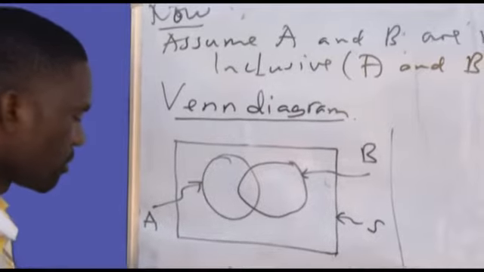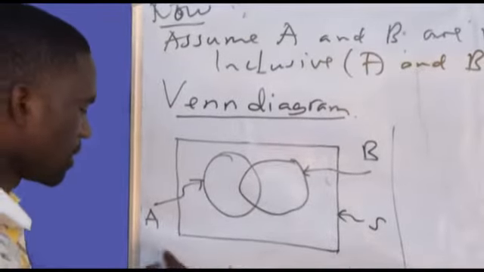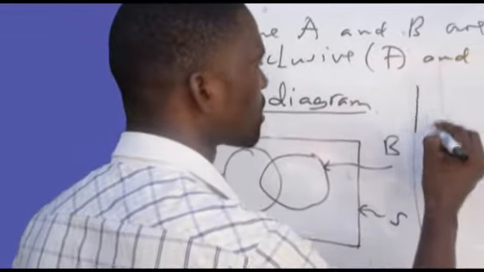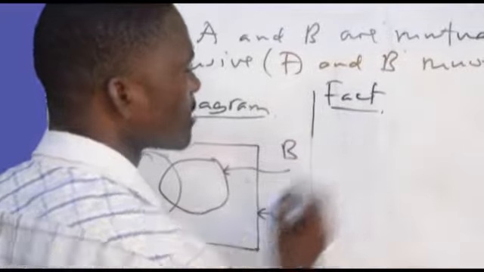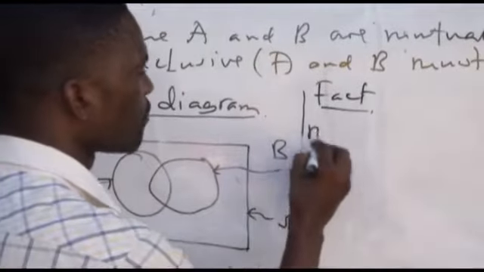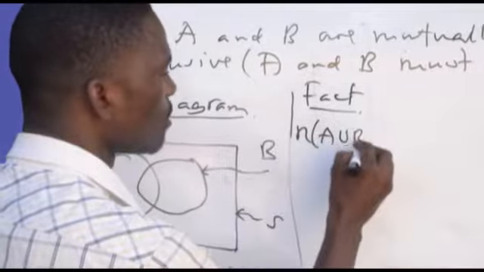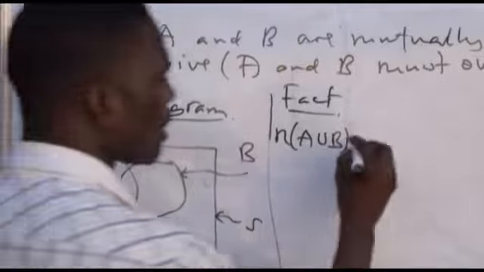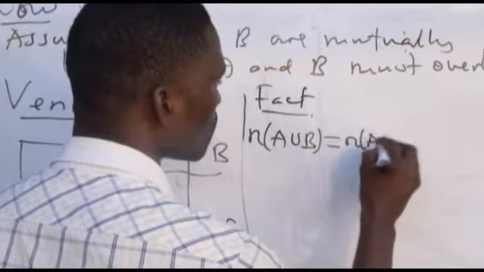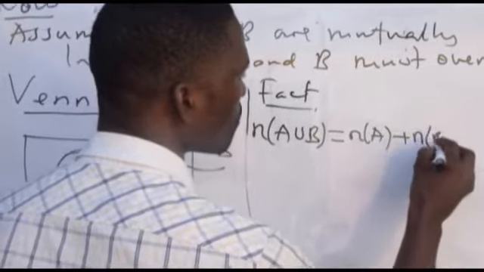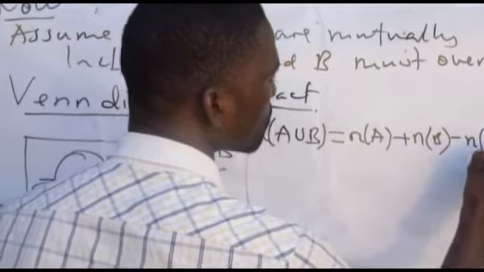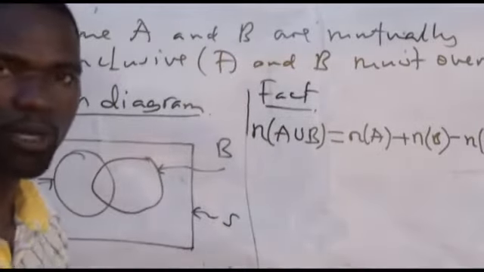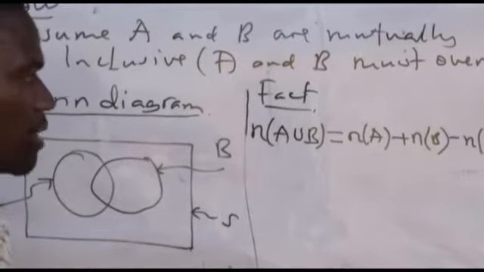we can extract the fact coming from knowledge of sets. The fact we can extract is that the number of elements of A union B equals the number of elements of A plus the number of elements of B minus the number of elements of A intersection B. This formula, for your level, my audience, I believe you understand.